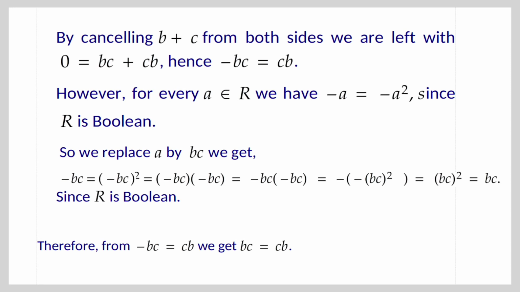minus BC equal to CB. However, for every A belongs to R, we have minus A equal to minus A square, since R is Boolean.